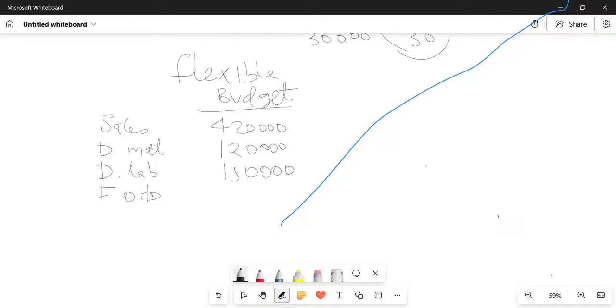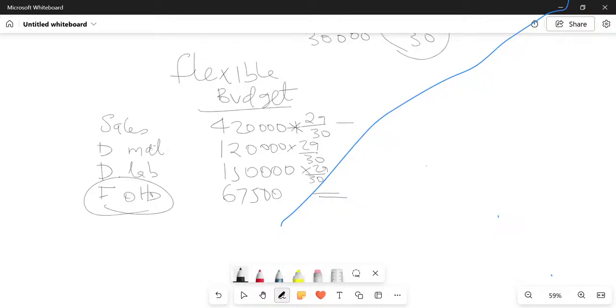Then we have fixed overheads of 67,500. So remember, when it's flexed, you must multiply the variable items with the flexing ratio, so times 29 over 30. This one, the fixed overhead, will not be flexed whatsoever. This one is fixed and will go the way it is.